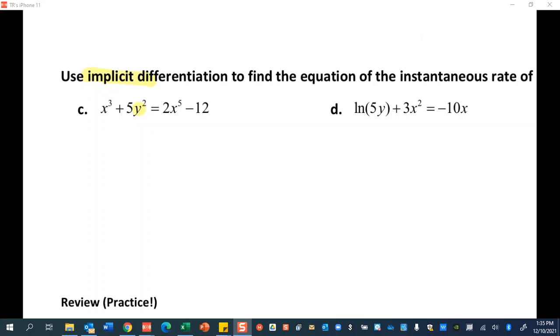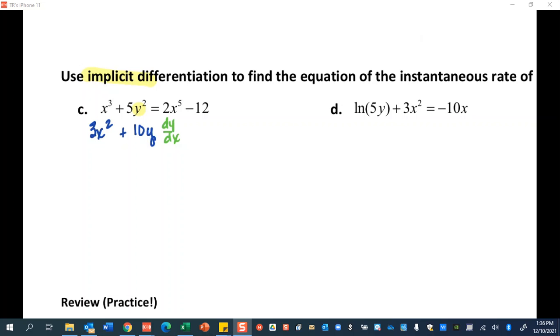Because now that we know implicit differentiation, I can call this 3x squared plus 10y to the 1 less power. And then I need to have dy/dx here, because the derivative of y in terms of x is equal to dy/dx.